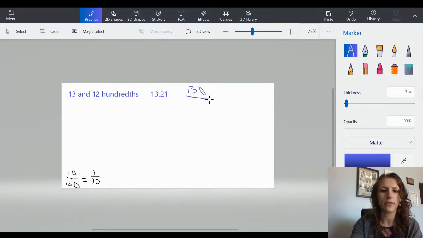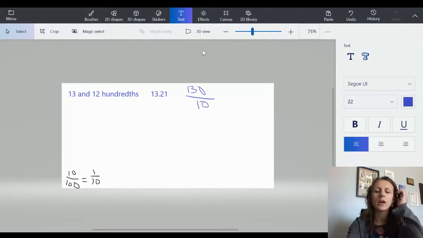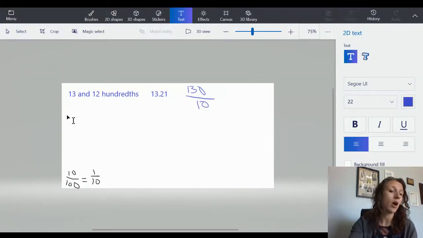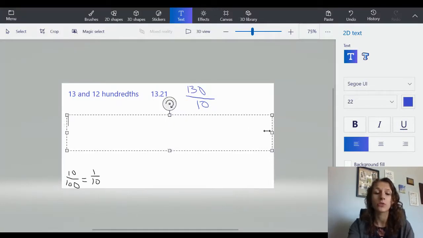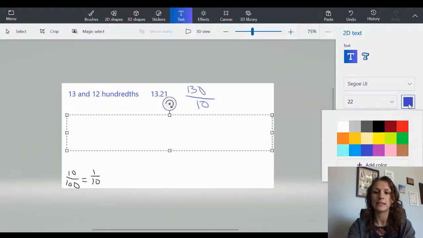This time we only have 3. Again, I'm going to make sure that all of mine are in hundredths because that's my smallest unit. I can decompose into smaller units, but I can't always compose or combine into a larger unit. And I'm going to put them all in decimal form.